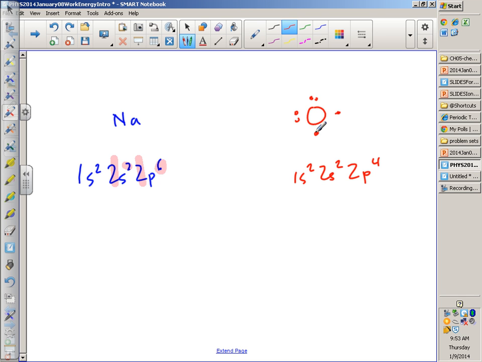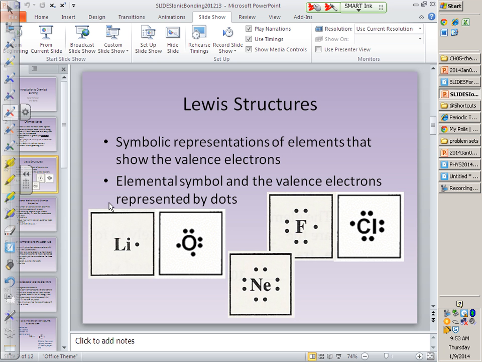How many valence electrons is it looking for? 8. It's looking to get 2. It wants 8, so what is it going to do? Get 2, right? So in this case, if it picks up 2 electrons, it's good to go. All right? Good there? So, getting back to our outline.